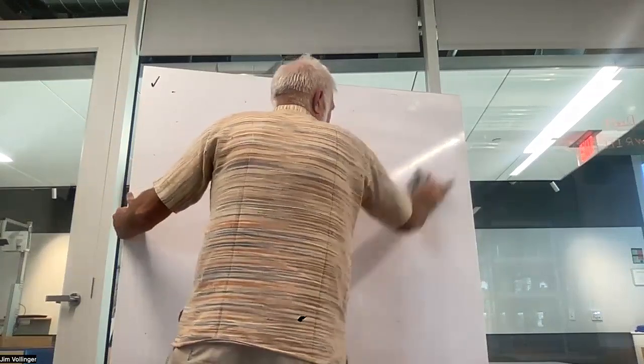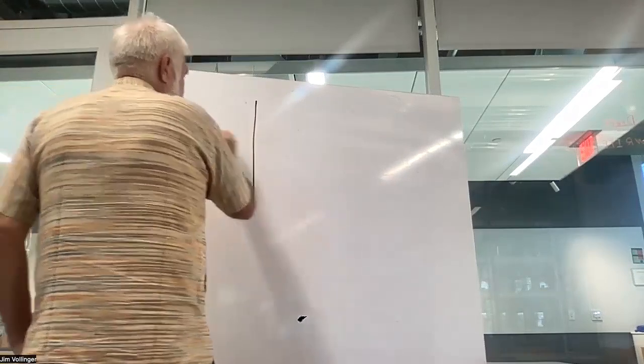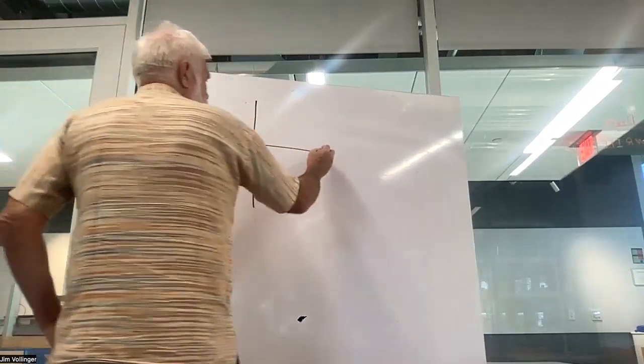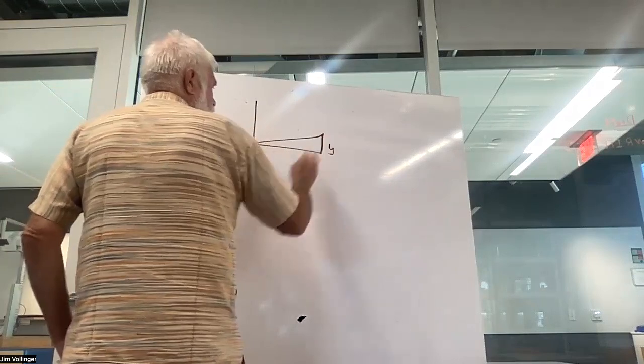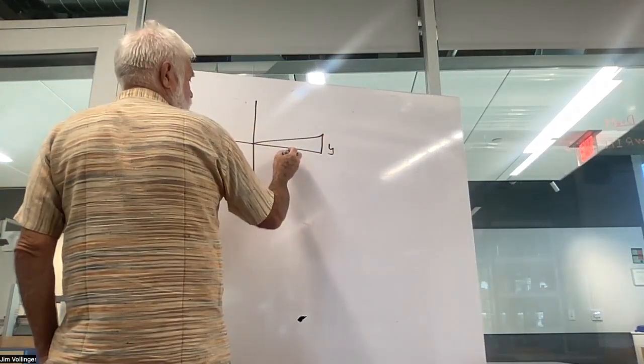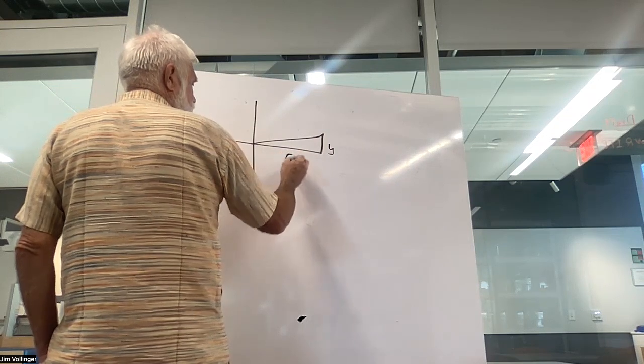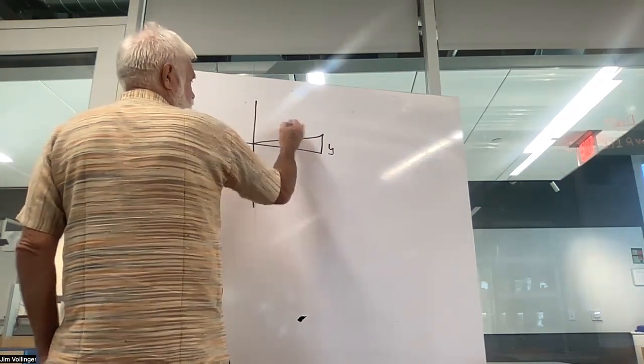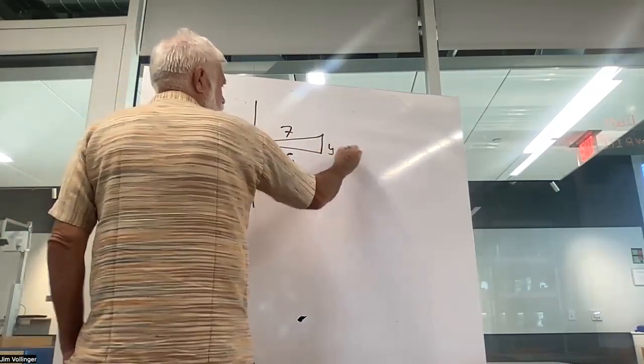Maybe I won't keep it in standard position, at least for the first 3. Let's say we want to find that one. Let's make this 6 units. Let's make that 7, and let's find out what that is.